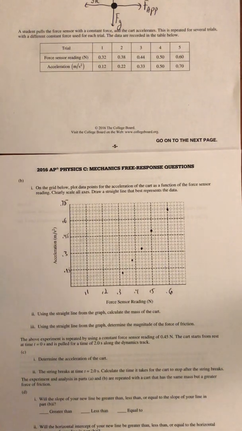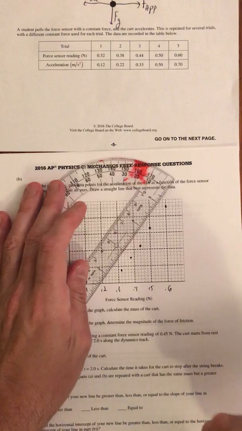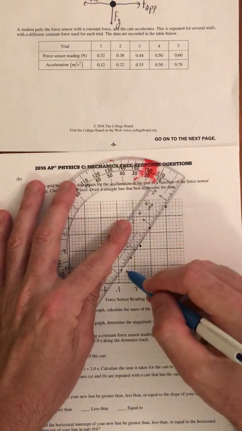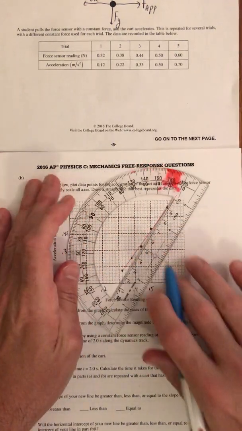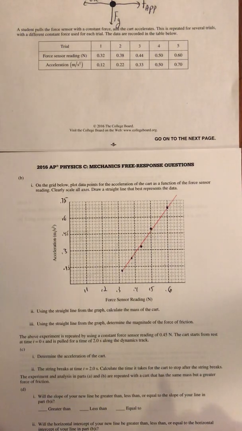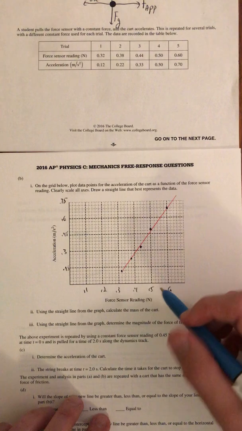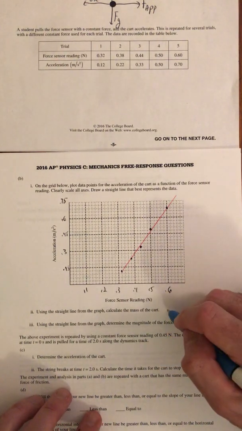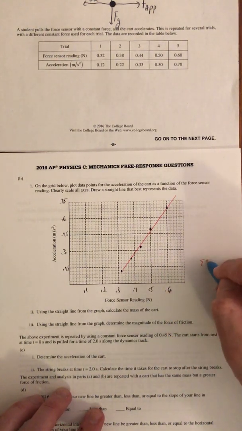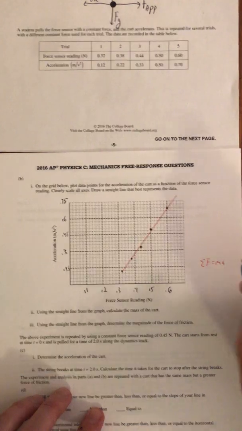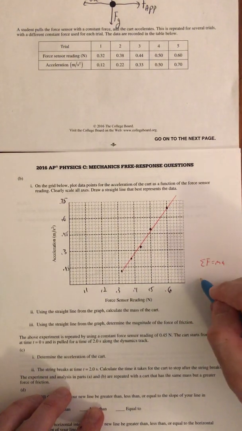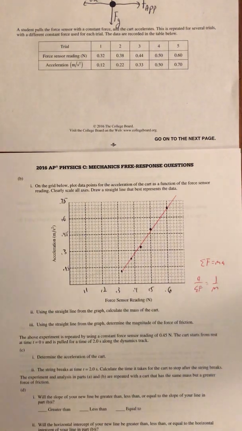Using the straight line from the graph, calculate the mass of the cart. Draw a straight line, okay. Oh, this is just annoying. Here, because we know F net is equal to ma, the slope here is a over F, so the slope is 1 over the mass.